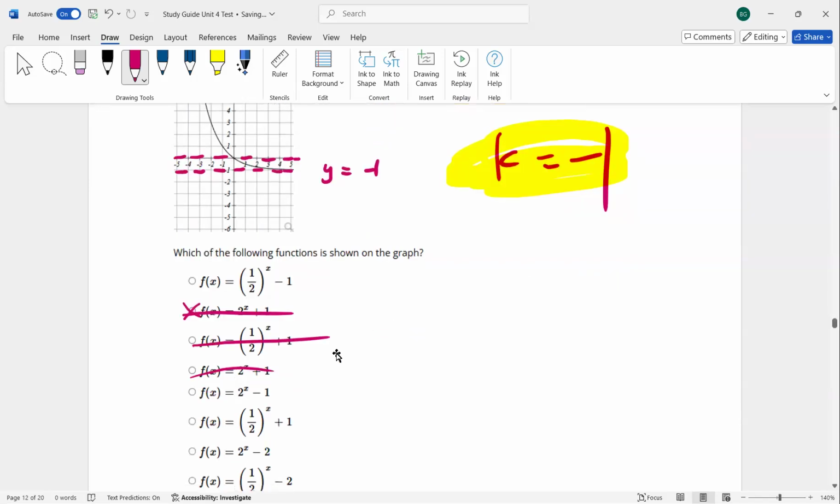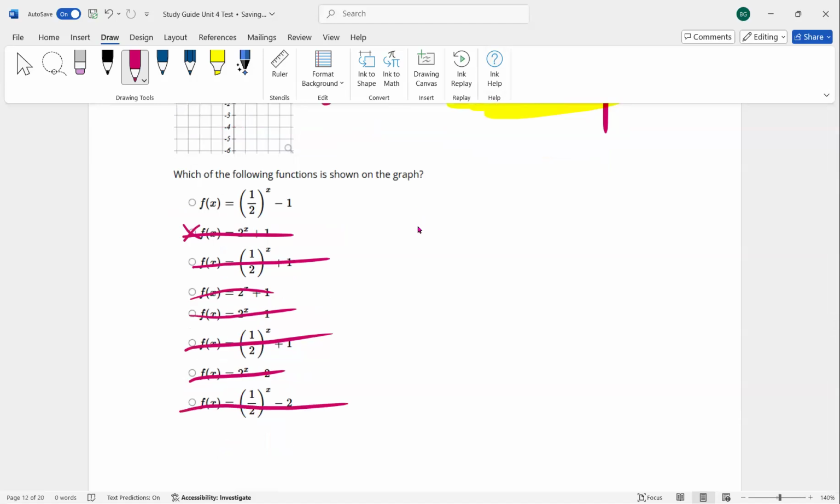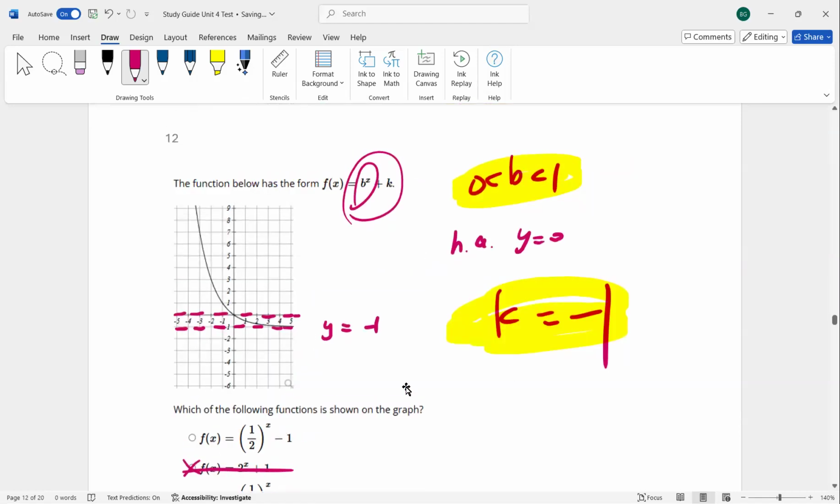And this one is -1, but the base is bigger than 1, so it should be increasing, but our graph is decreasing. So it's wrong. This one +1 is wrong. This one -2 is wrong. And this one -2 is also wrong. So the first answer choice is the correct answer. I think this is doable. I know there are challenging problems in Lumen about graphing, but this graphing problem is totally doable.